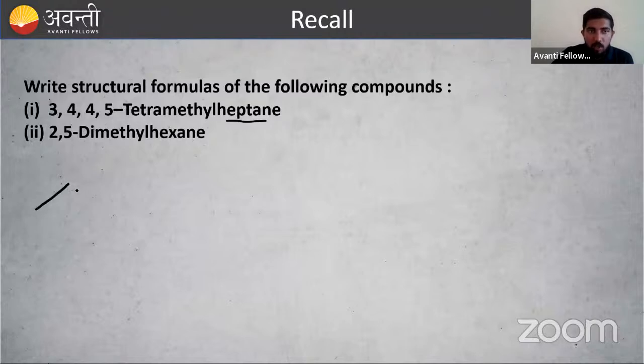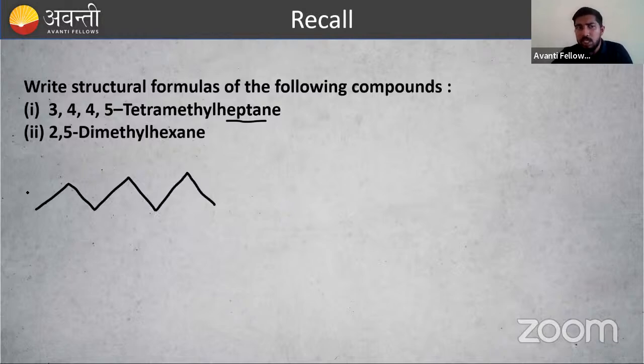So I am drawing 1, 2, 3, 4, 5, 6, 7. Next, what is the next procedure? You can start numbering from any side: 1, 2, 3, 4, 5, 6, 7. Okay, that is correct. In the word root heptane, 7 carbon atoms. Now, which branches or substituents are present?